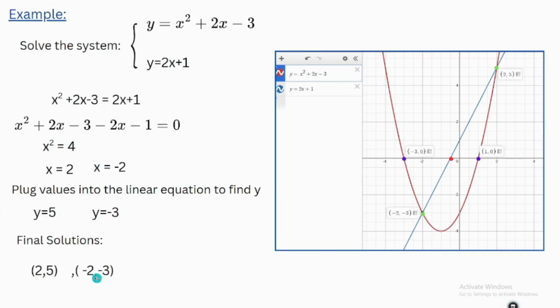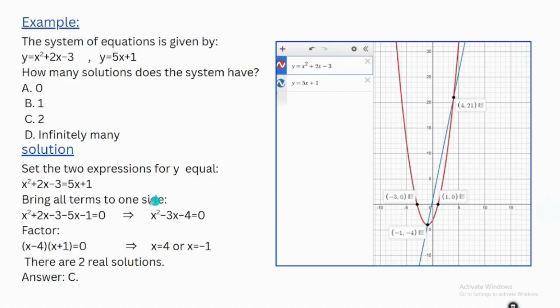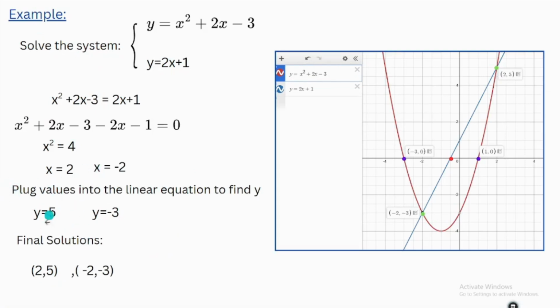In the previous example, we got x and we didn't get y. We have to get y and get the point of intersection to find the solution, when he says solve the system.